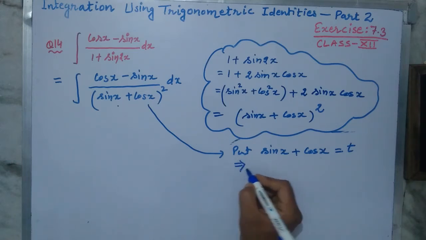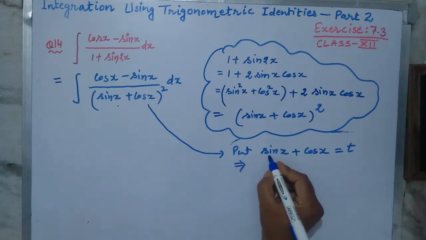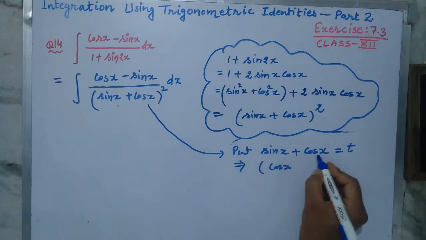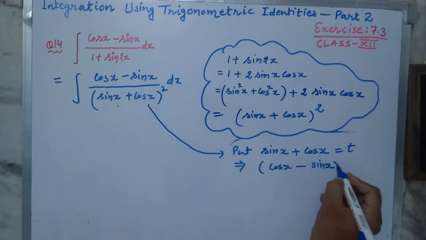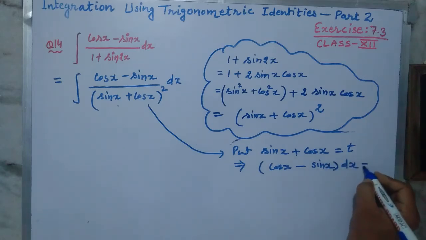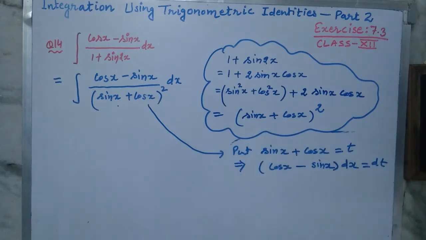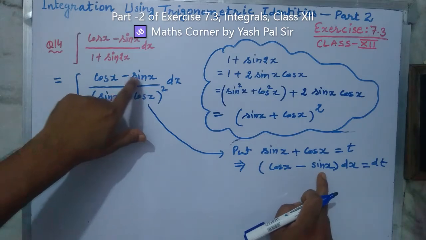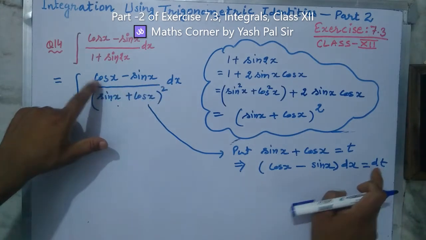So our next step will be derivative. The derivative of sin x is cos x, derivative of cos x is minus sin x, and dx will become dt. So this whole (cos x minus sin x) into dx is equal to dt.